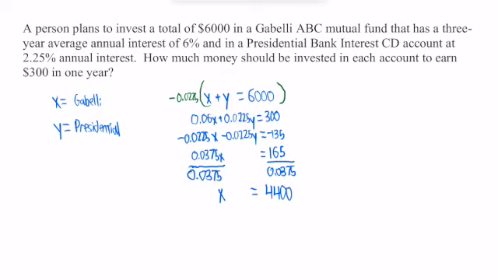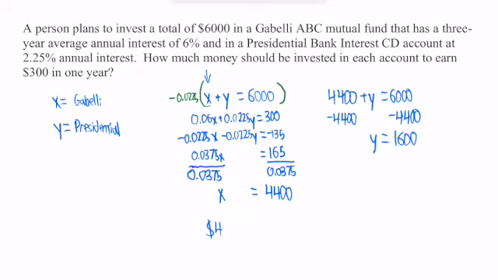4,400. We can put that in our top equation to help us figure out what y is. 4,400 plus y equals 6,000. Subtract 4,400 from both sides, and we have y equals 1,600.